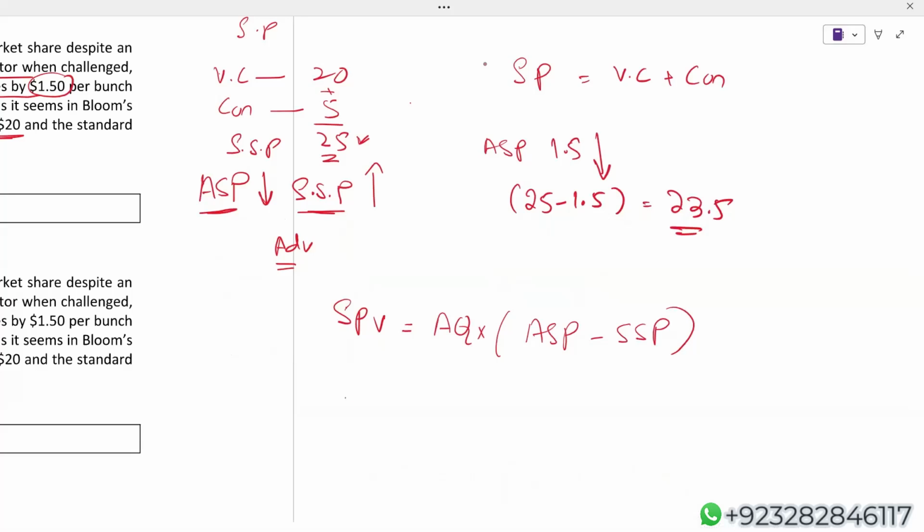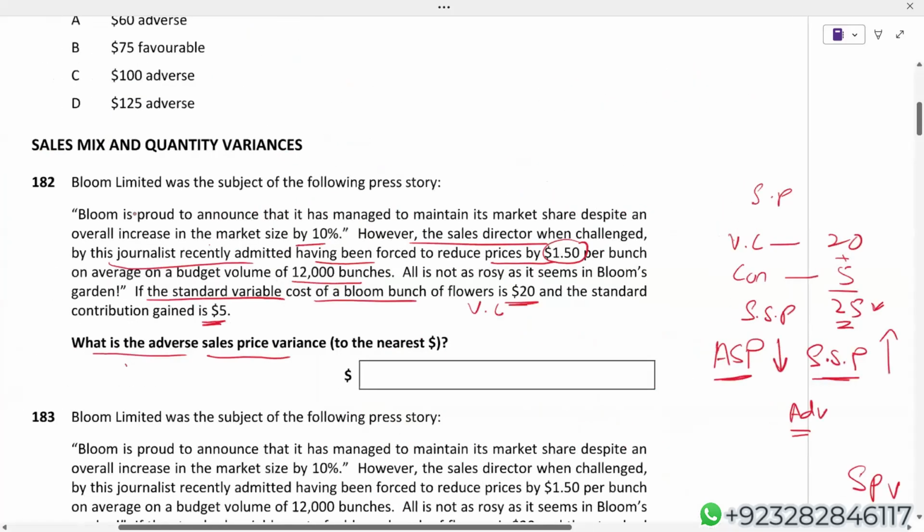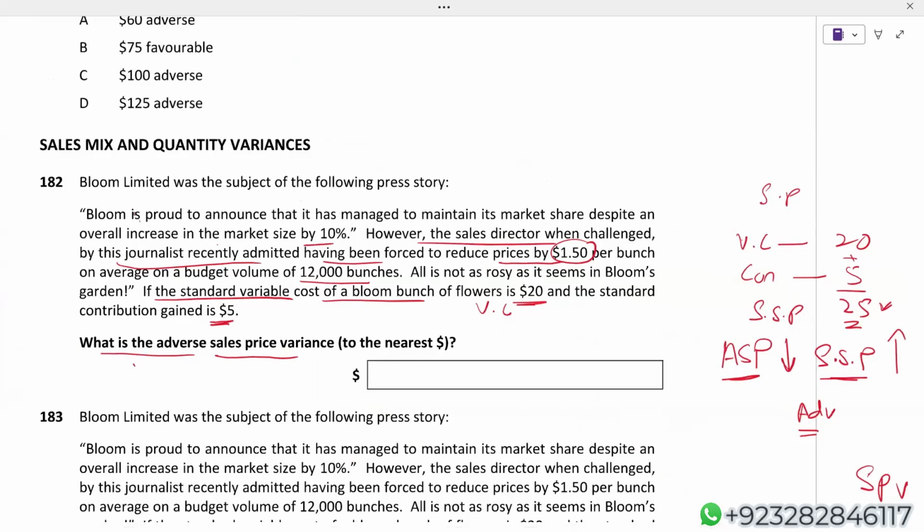It means sales price variance is equal to actual selling price 23.5, standard selling price 25. Now come here. Bloom is proud to announce that it has managed to maintain its market share despite an overall increase in the market size by 10%.